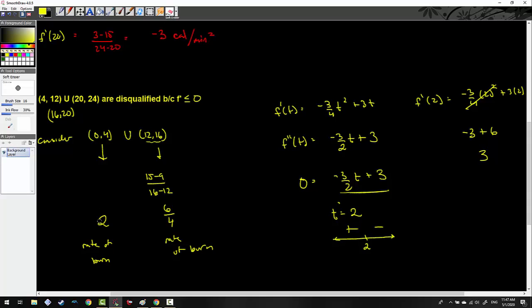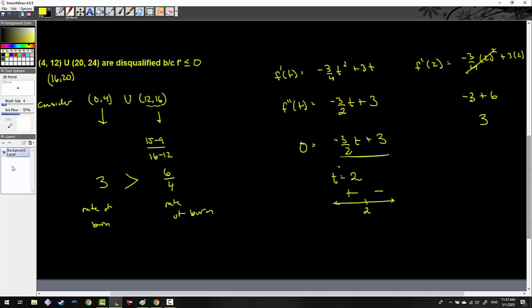Did I put 2 right there? Ridiculous, 3. And which one's bigger? It's this one. So what we can say is, I'm going to type this out: the rate of calorie burn is greatest at t equals 2.